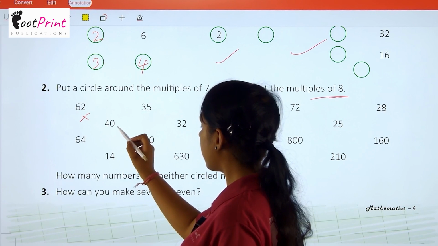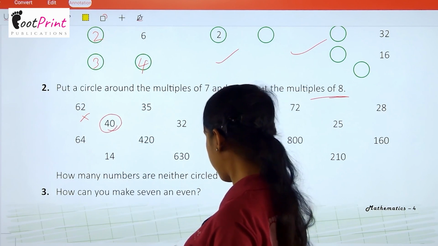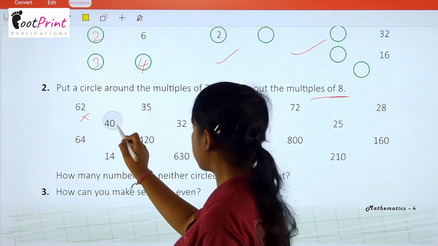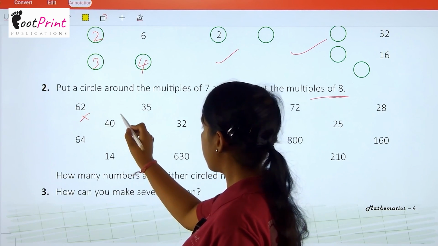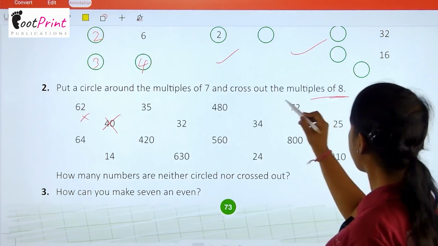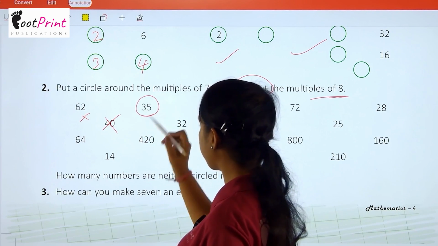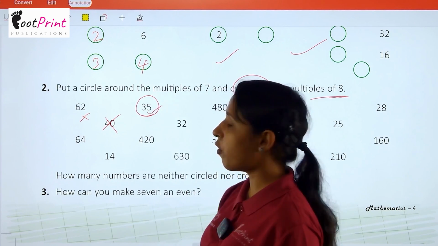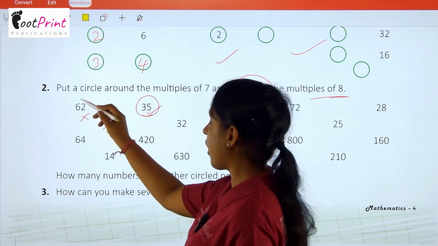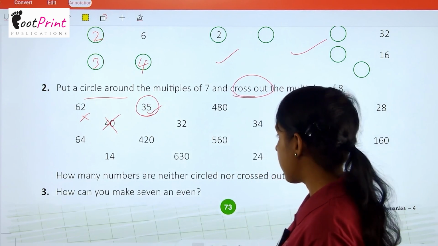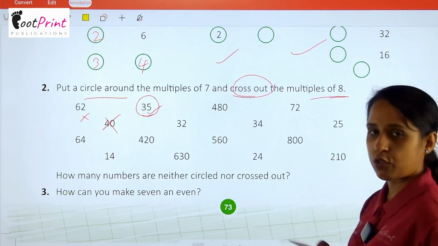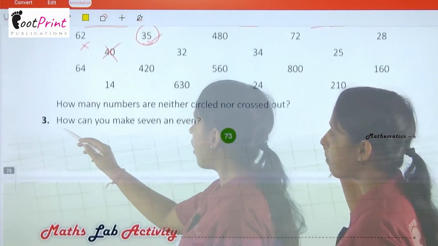Here 40. 40 is a multiple of 8 and on multiples of 8 we have to cross out. Here 35. 35 is a multiple of 7. It means we have to put a circle on it. Just like that you have to solve the rest of the numbers.